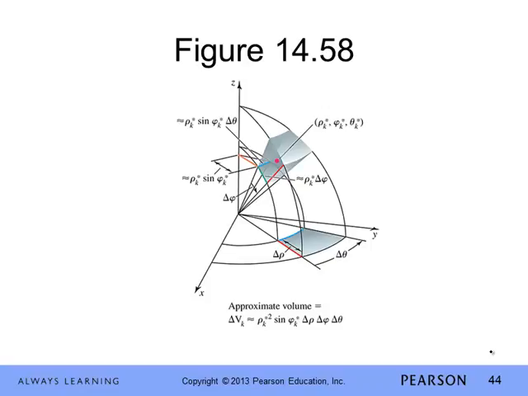It'll turn out to be rho squared sine phi d rho d phi d theta. I'm not trying saying that 3 times fast with a mouthful of salt and crackers hanging on your head. But that's what it is, rho squared sine phi d rho d phi d theta. Where does it all come from?